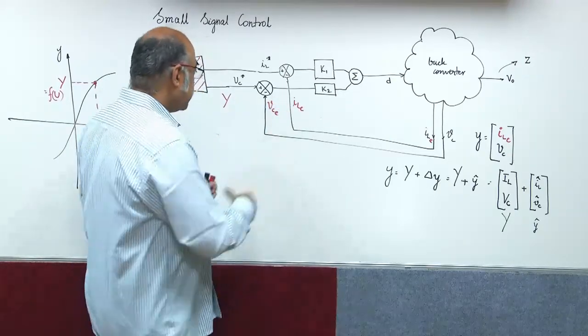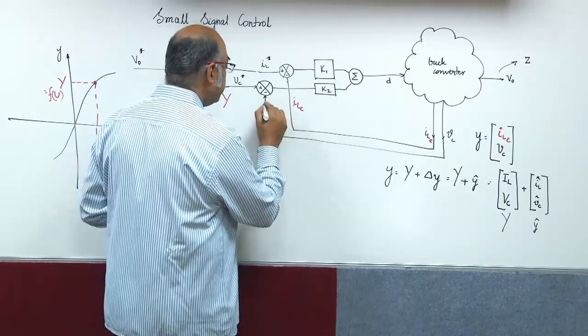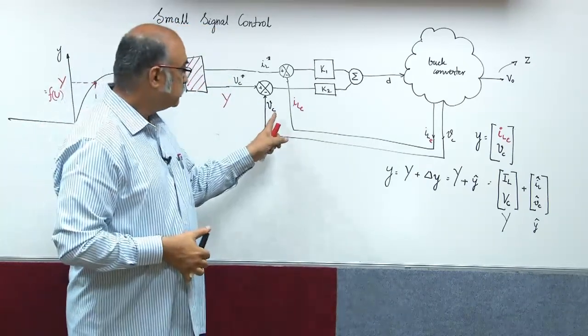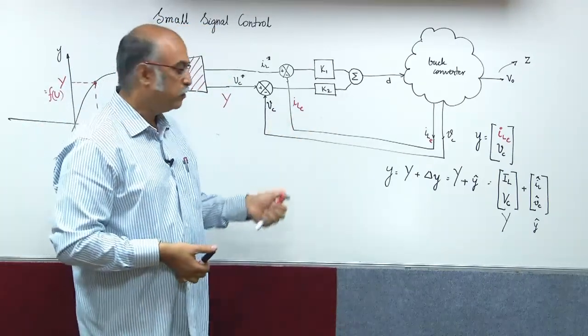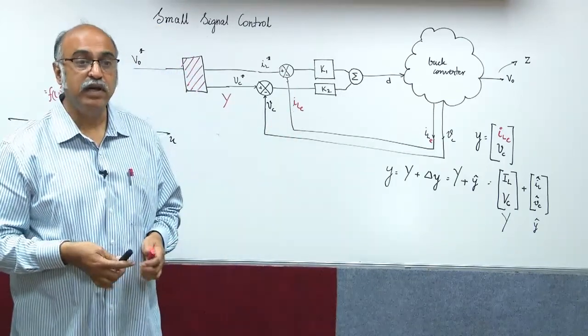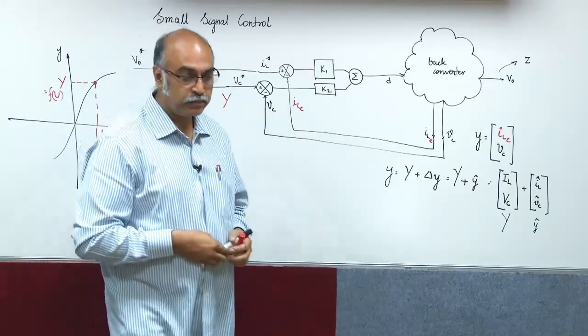Of course, if you are measuring, it is always good to put the measured variable, because that is the most exact. And that which I do not have, where I have not put a sensor, I am not going to invest in a sensor because the sensor may be very, very costly, I will estimate it.